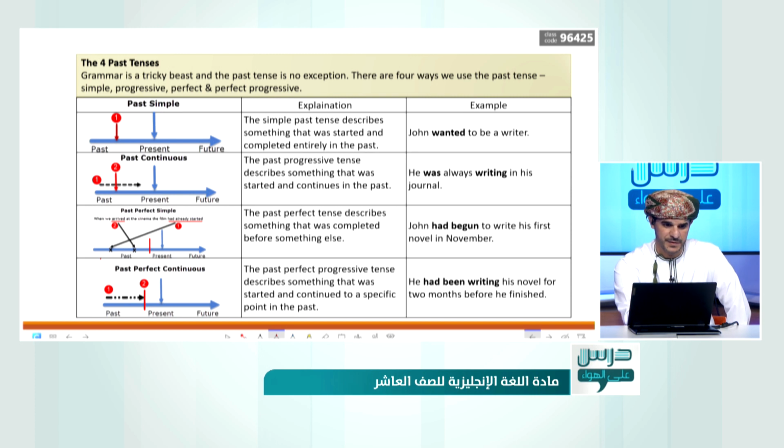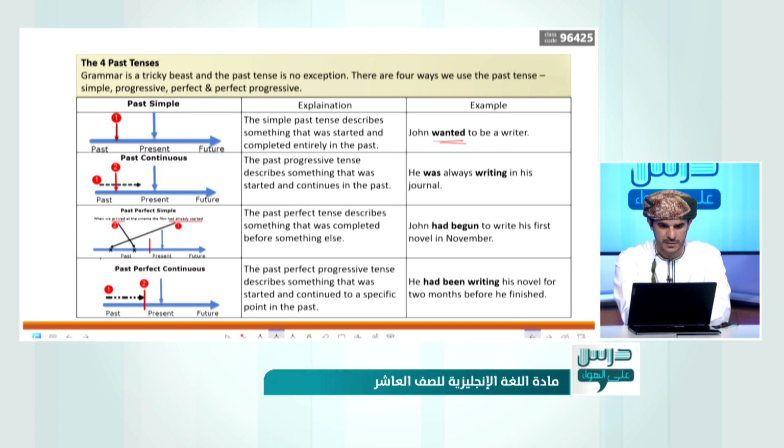What do you mean by past? Something that happened in the past. Past simple describes something that was started and completed, a finished action in the past. So short, by the way, past simple, very short actions. Like John wanted, I went to Muscat. John wanted to be a writer.